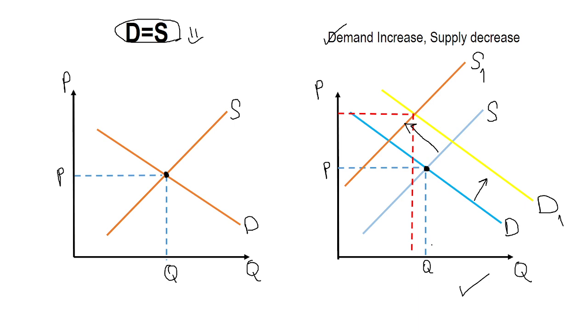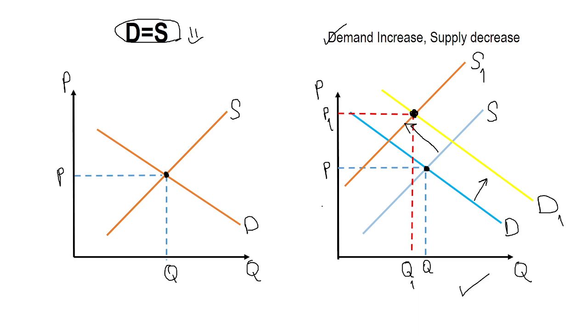The new equilibrium point comes from where the new demand curve meets the new supply curve. Again, we need to show points and label quantity and curves. Here is the quantity at the new equilibrium point, we show it with Q1, and here is the price at the new equilibrium point, we show it with P1.